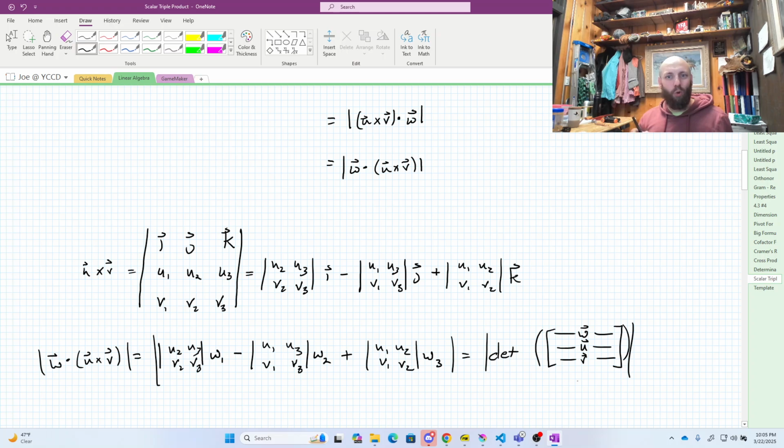That's kind of freaking cool, right? So there's this relationship between determinants and volumes. There's a relationship between determinants and area. Part of that is that you can think of the determinant as an area distortion factor.